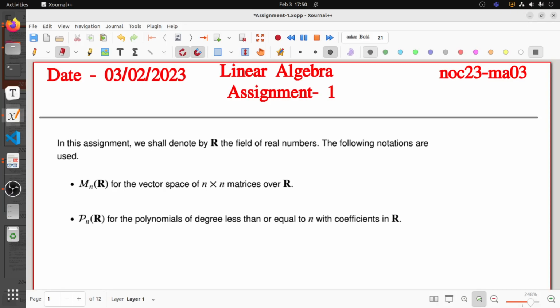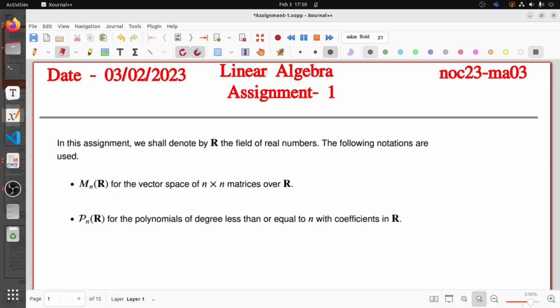If B is in span of A, what is the definition of span? It means there exist some U1, ..., UK from A and scalars A1, ..., AK from R such that B can be written as A1 U1 plus A2 U2 plus ... plus AK UK.